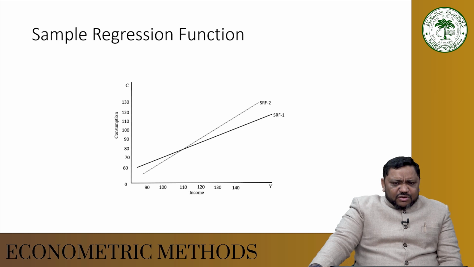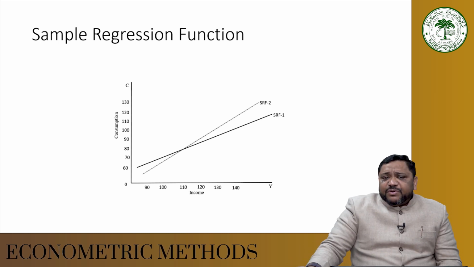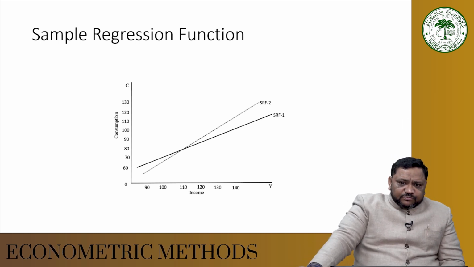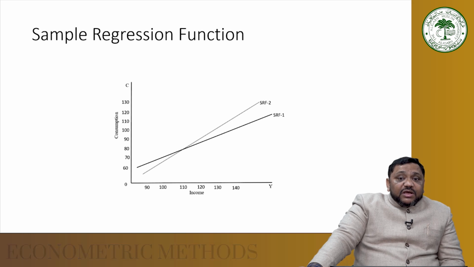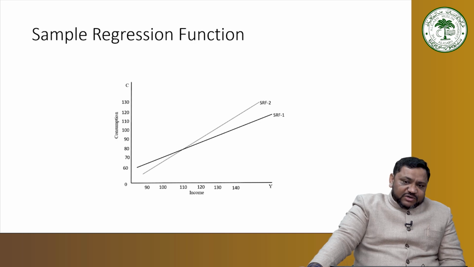So we can now have two sample regression functions. The question is, which of these two sample regression functions represents the true population regression function? This question becomes more complicated when we have many sample regression functions, and we can have as many sample regression functions as there are samples.